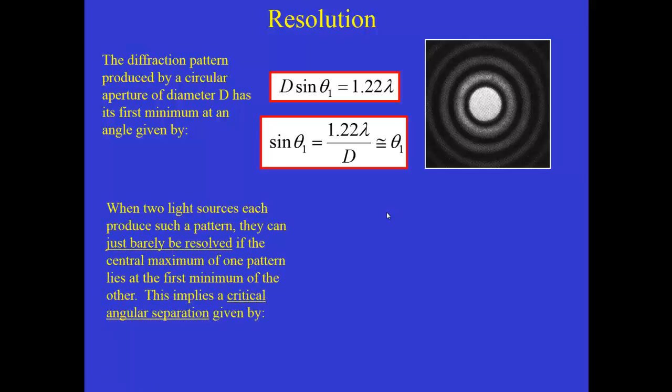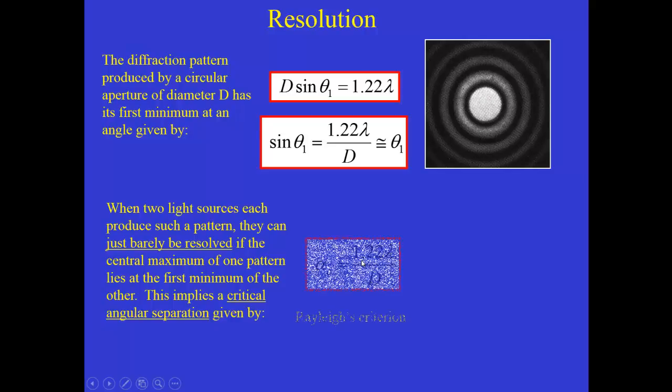So here's the situation. When two light sources produce two patterns, we say, and this is an assumption, an approximation, but a good one, that they can just barely be resolved if the central maximum of one pattern, the center of that bright disk, falls exactly at the location of the first minimum of the other pattern.